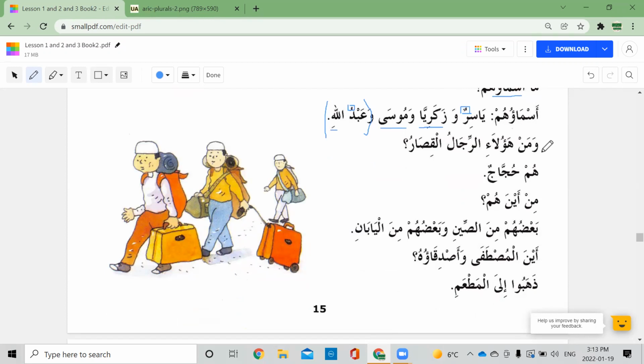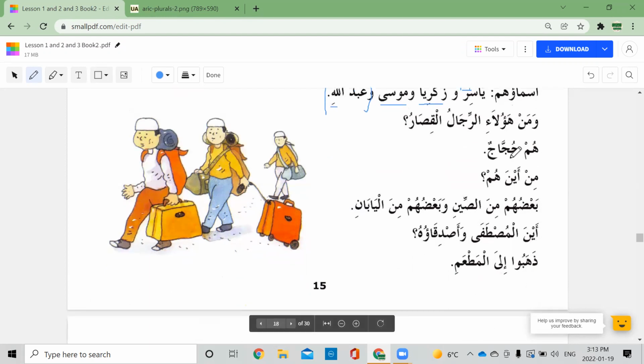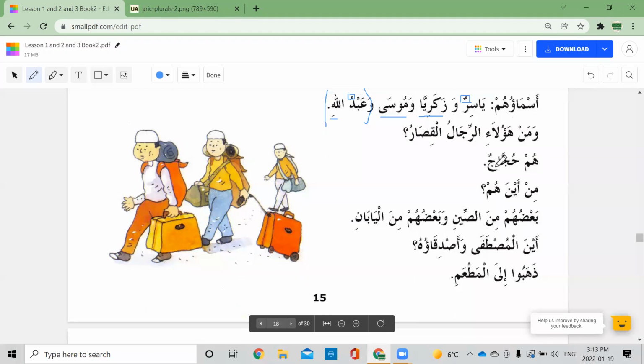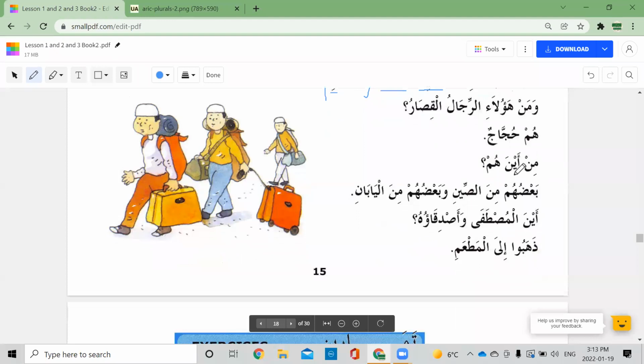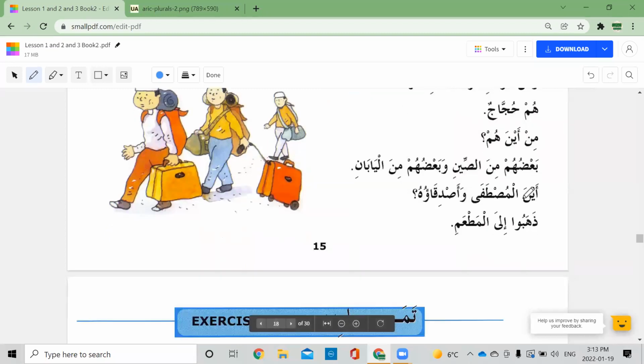Wa man ha'ula'i ar-rijal? And who are these men? Huzzazun. They are pilgrims. Min aina hum? Where are they from? Ba'duhum min as-Sini or ba'duhum min al-Yabani.